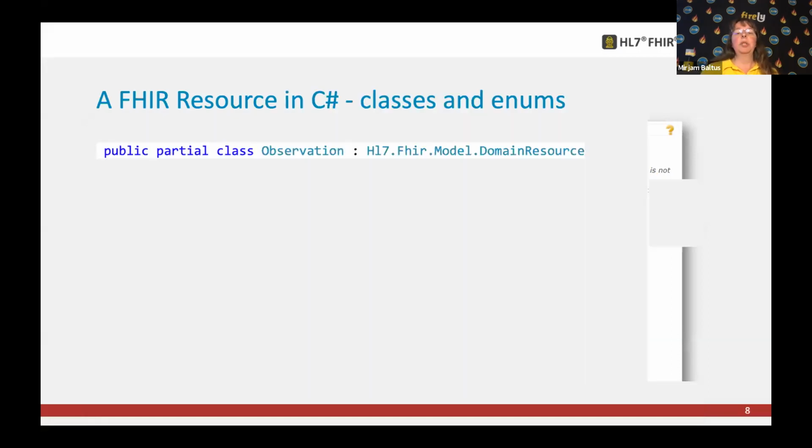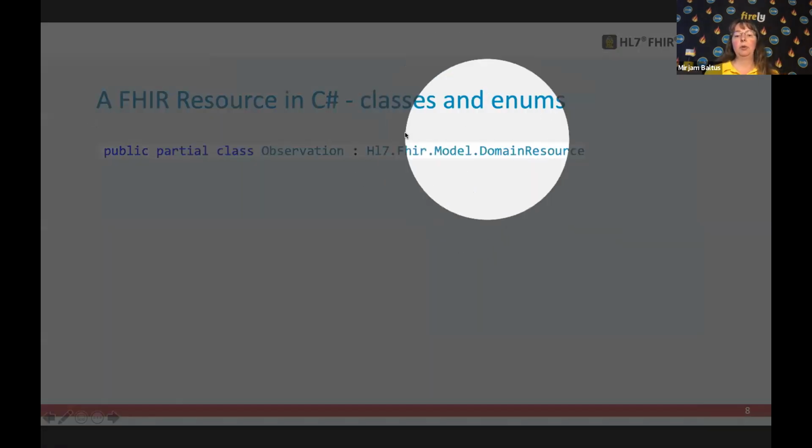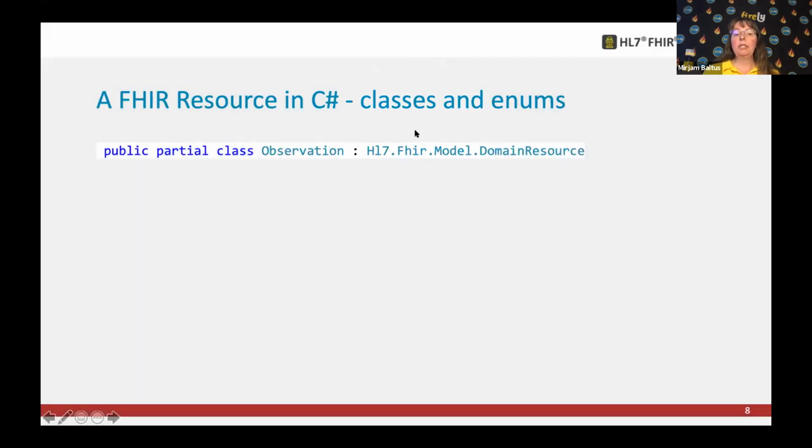So looking at those classes, you will see that observation is derived from this domain resource class, which is the technical hierarchy that you can also find in the FHIR specification. The domain resource makes it possible for any other resource type to have extensions on them, to have contained resources and a couple of other fields.